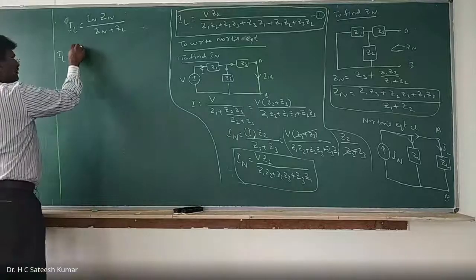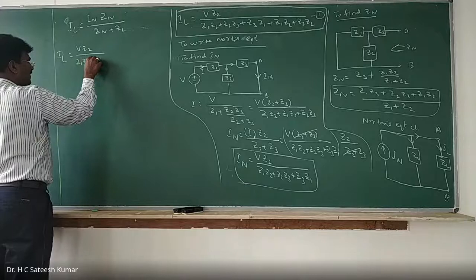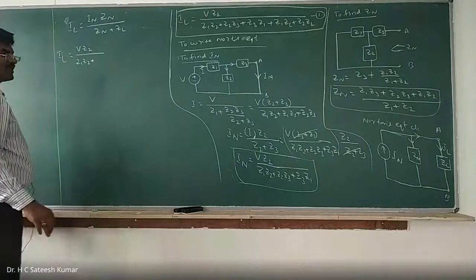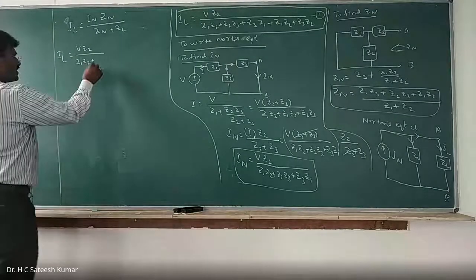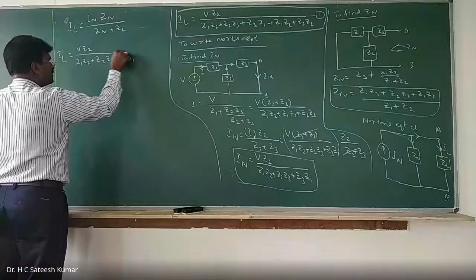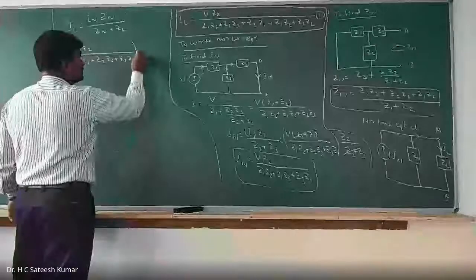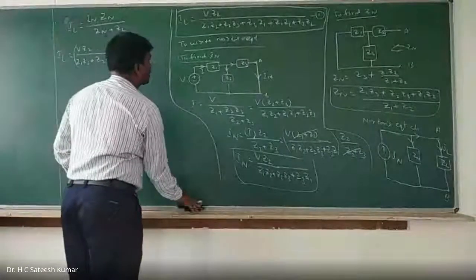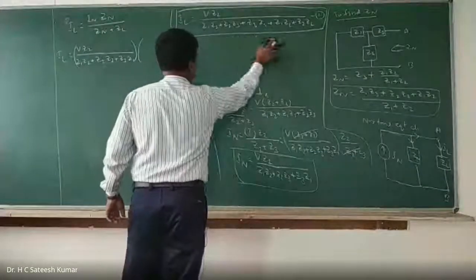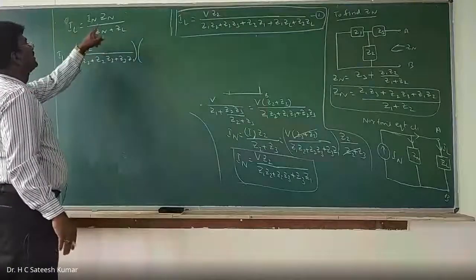IN is what? VZ2 divided by Z1 Z2 plus Z2 Z3 plus Z3 Z1. This is your IN, into Zn. Zn we should find out right now. IN we got it. Next I'll have to write Zn.